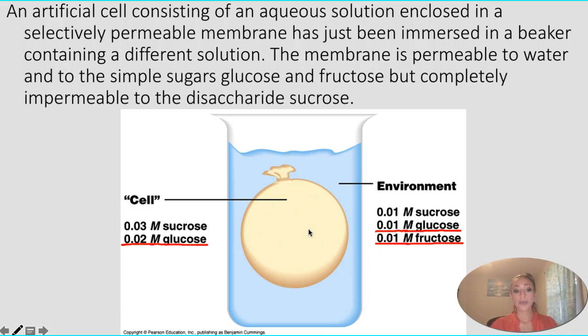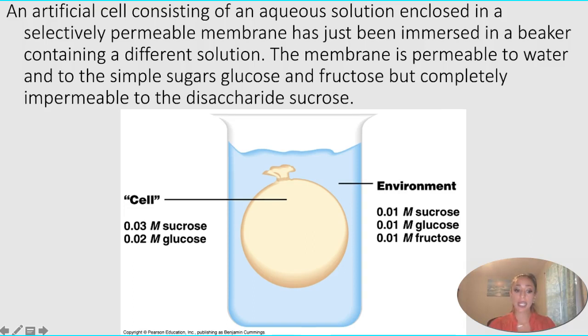Inside my cell, I have 0.03 molar of sucrose, a 0.02 molar concentration of glucose. That's inside my cell. And then outside of my cell in this beaker, I have a 0.01 molar concentration of sucrose, and so forth. That's the setup. So now think about what's going to be happening with each of these different simple sugars, as well as with water.